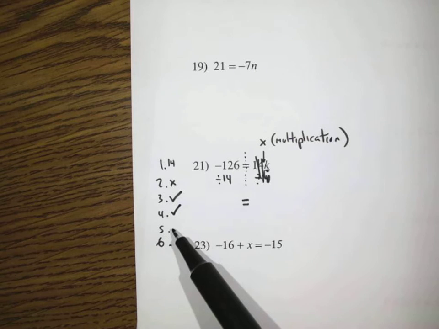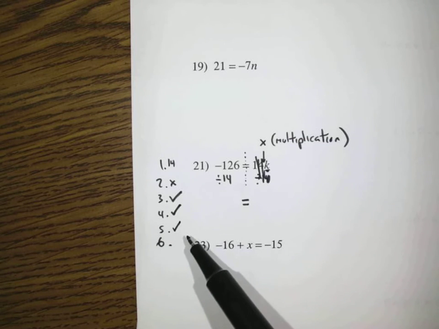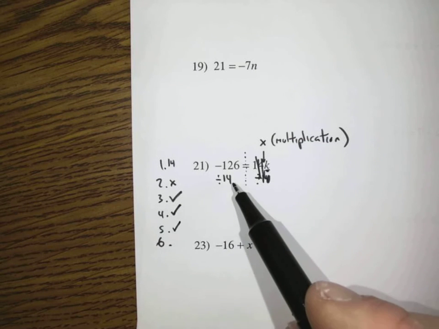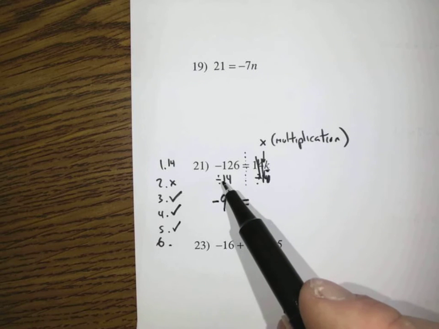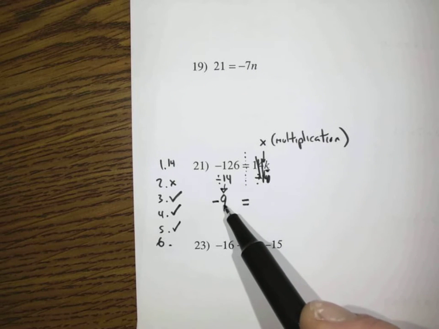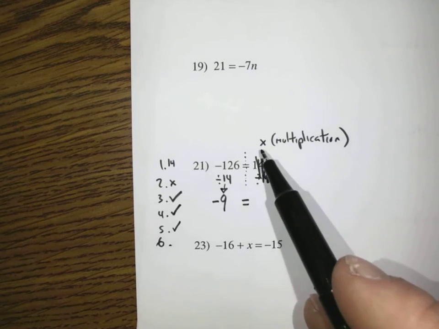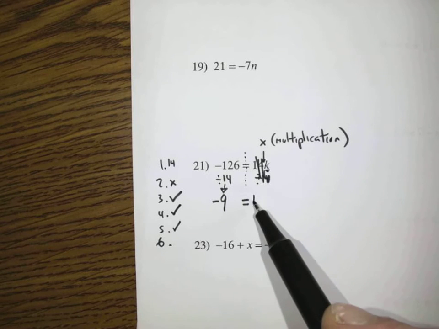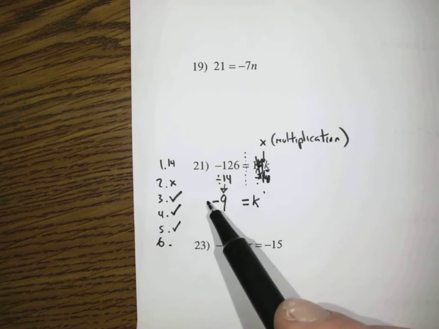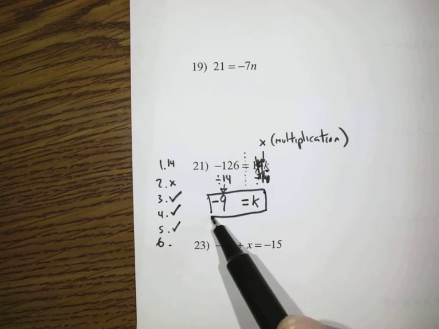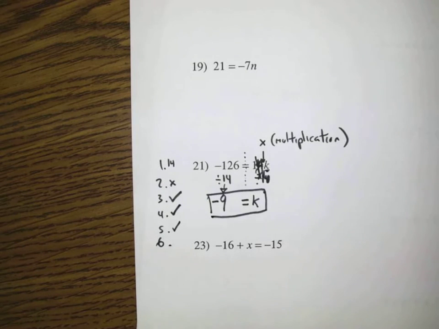So we've done our calculator step, and we got this negative 9. That leaves us with negative 9 on the left-hand side, equals, and we have this value k left over on the right-hand side. That's the one that didn't cancel out. And that's our answer. Negative 9 is equal to k.